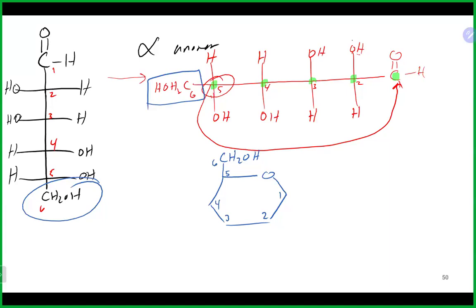At this point, all that's left is really just to put in our guys either up or down. Once again, we do skip 5, as that is where the ring closes. So we go number 4, the OH group is down. So we're just going to draw a line and the OH. We go number 3 there, the OH group is up. So we'll go up. Number 2, the OH group is also up.